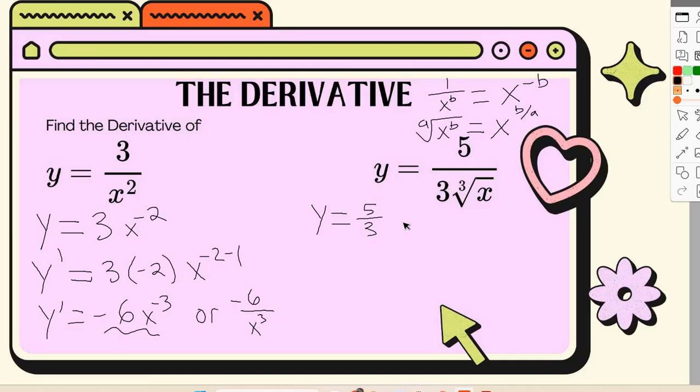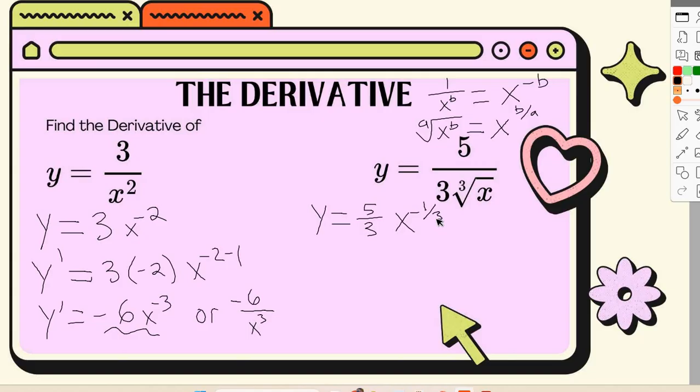Okay. And then this is going to become x to the what? It's on the bottom, so that means it's going to be negative. Okay. Then our b value is 1 and our a value is 3. So I do get a negative 1/3.